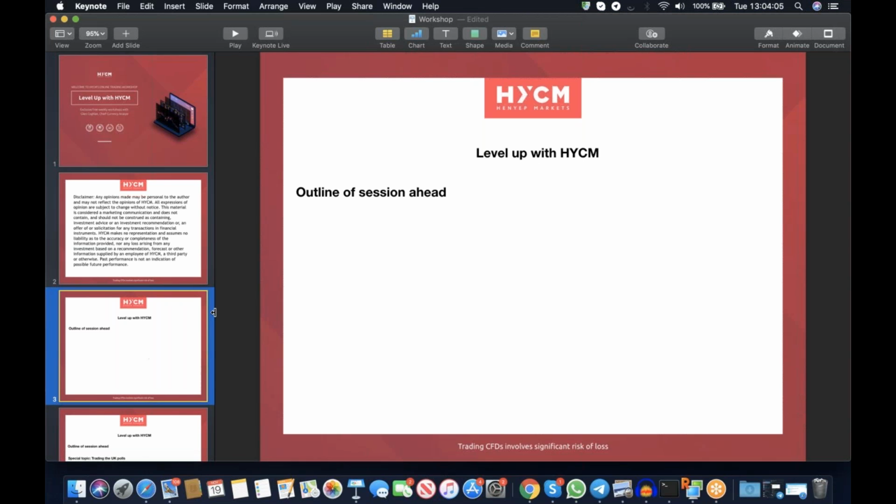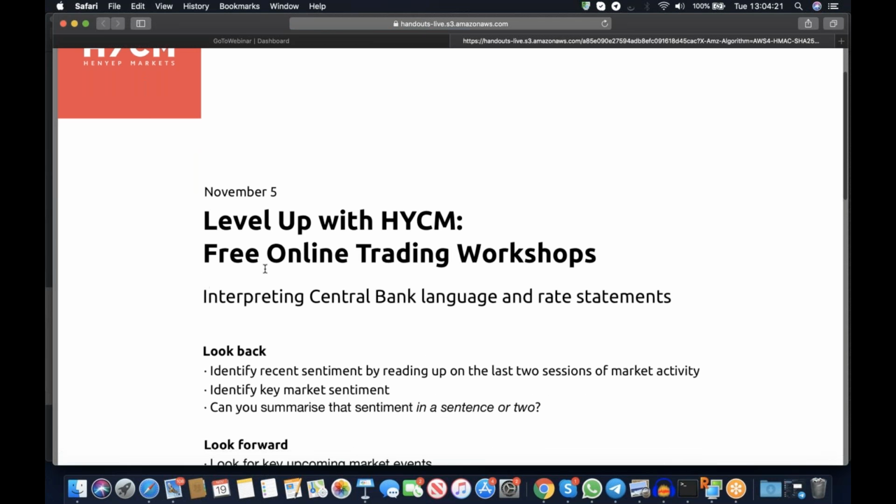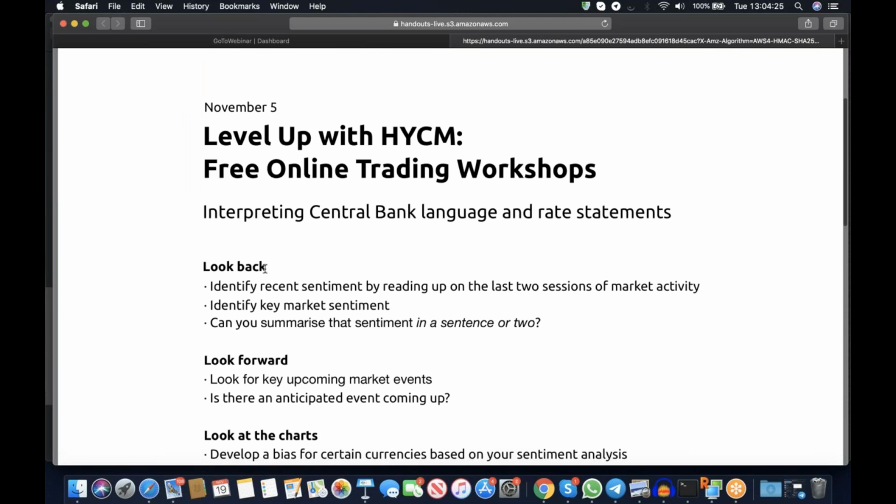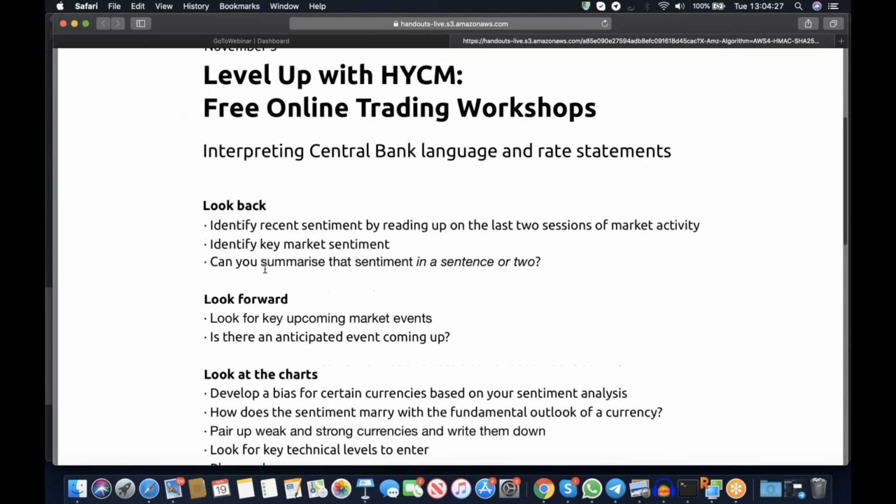The session ahead, we're going to be looking at the handout. So the handout is found again on the GoToWebinar control panel. Just click it, there's a handout, it says workshop guide November the 5th. If you click on that, I know this is an older handout. I've just really landed from coming back in Malaysia last week after a bit of illness.